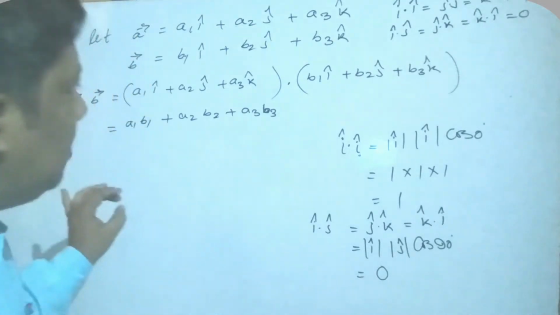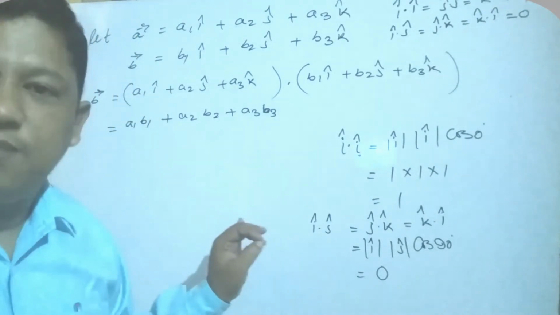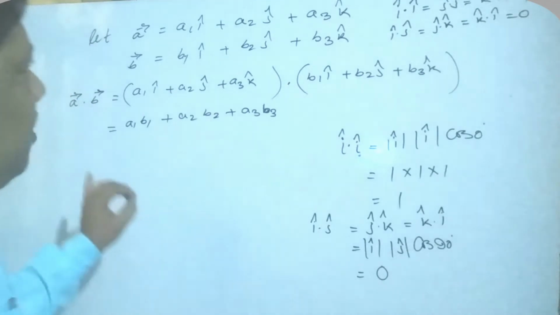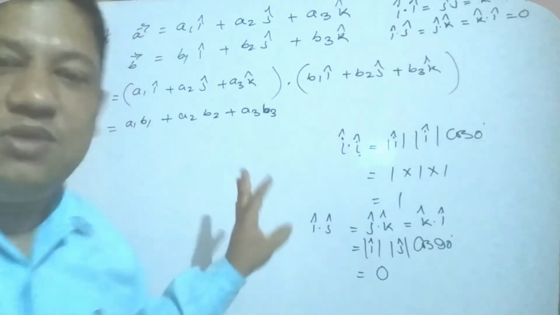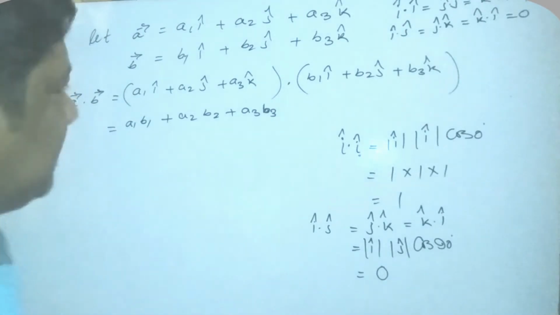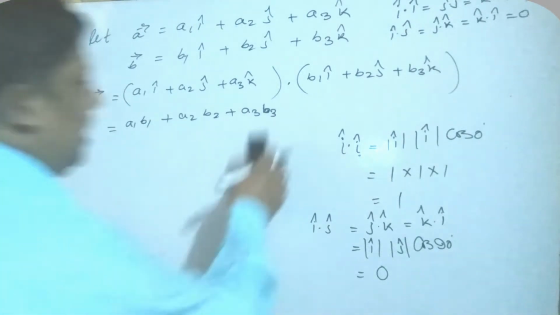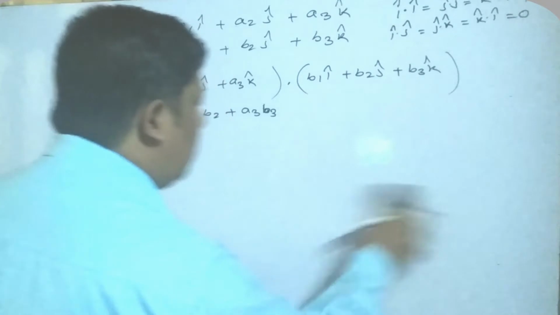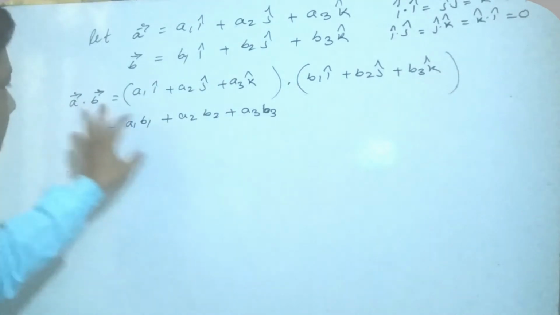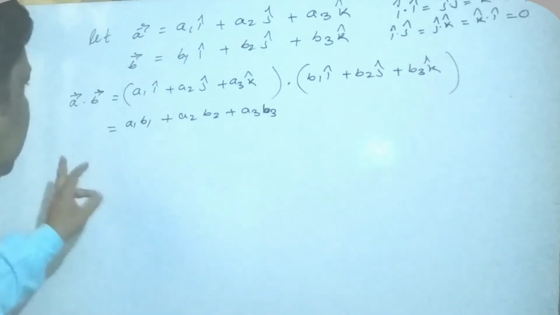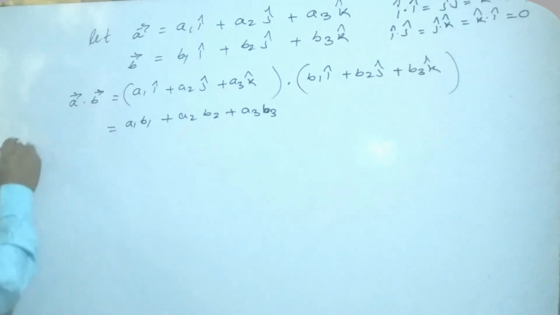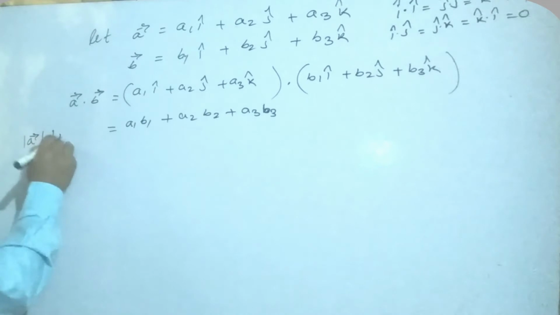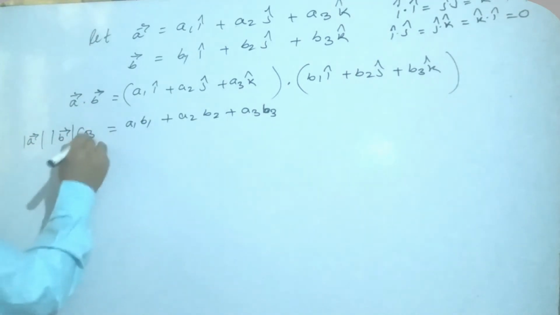Because the remaining parts are 0, because they are mutually perpendicular. Since they are mutually perpendicular, when you use this identity, all the other parts will be 0. That is why I write it like this. So when I use the dot product, you can also find the angle, because its formula is mod of A and mod of B cos theta.